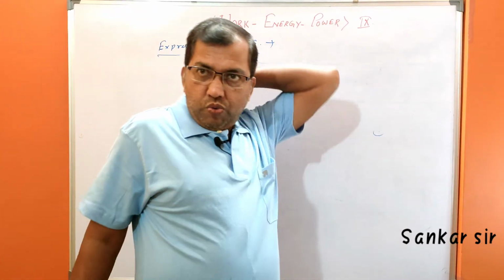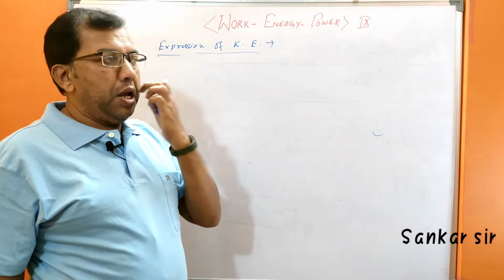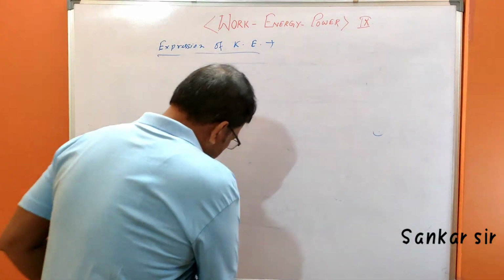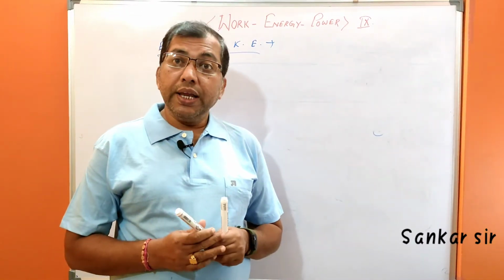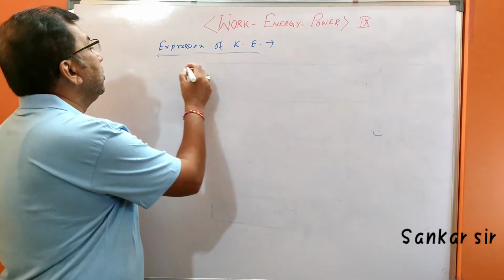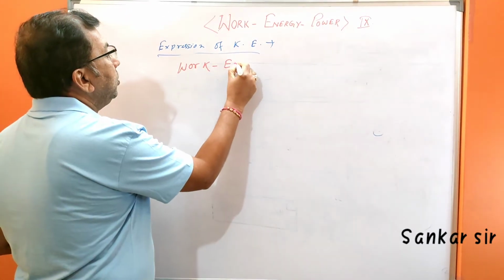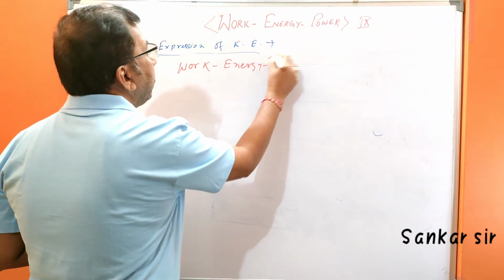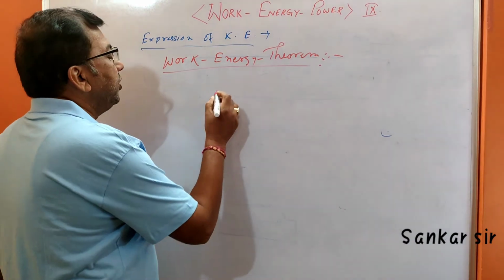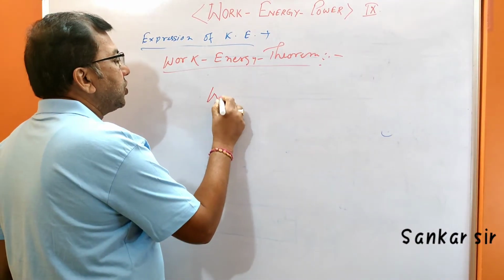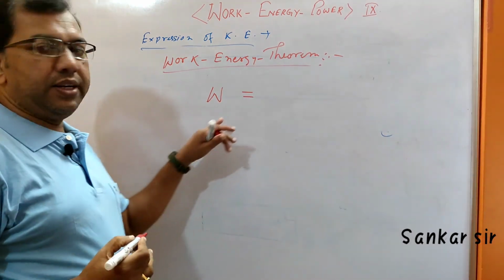So, from this kinetic energy and work, what do we get? It is the work energy theorem. Very important. Work energy theorem. So work energy theorem, what we just came to know, W equals to the change in kinetic energy.